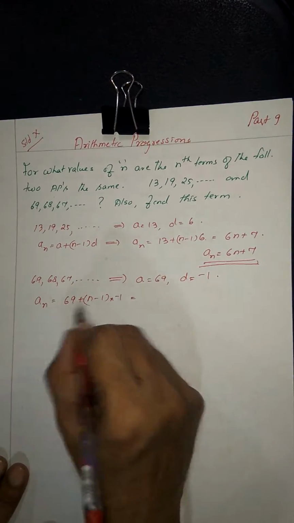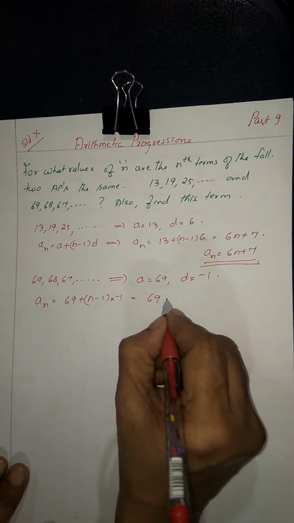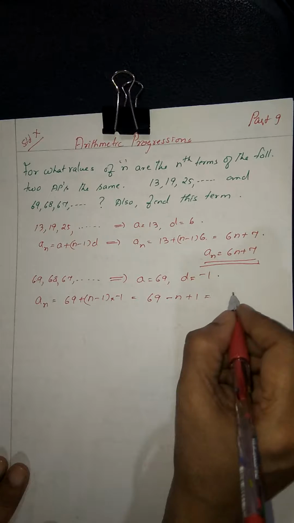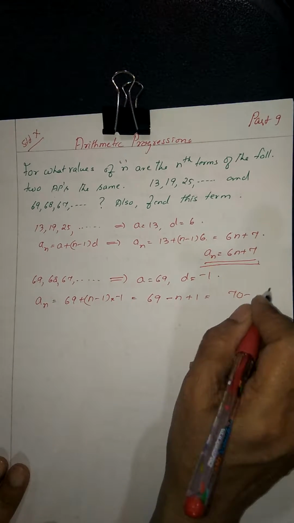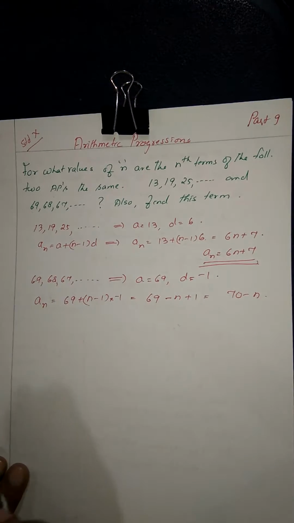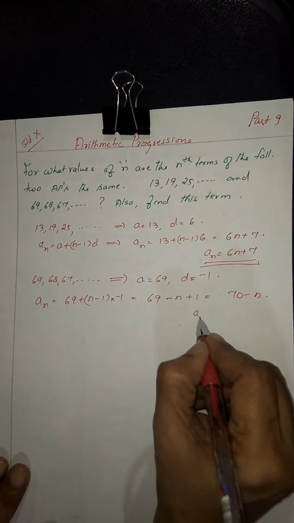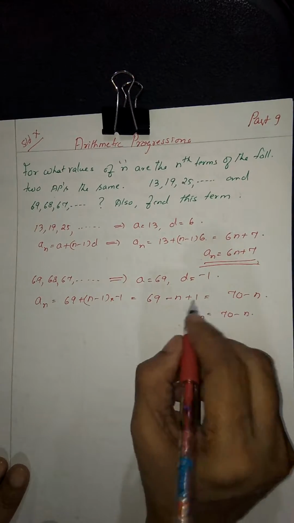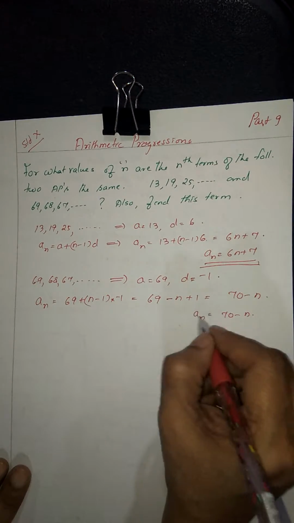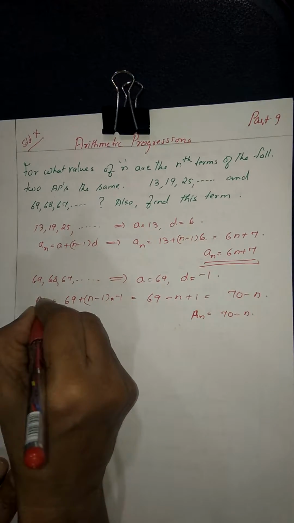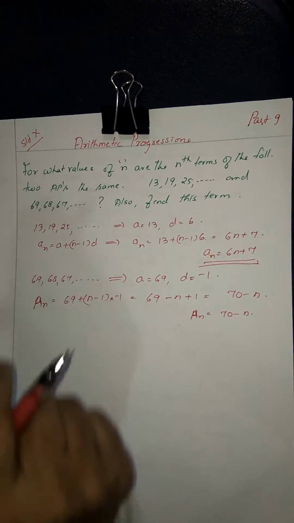So that is 69 minus n plus 1, which is equal to 70 minus n. So you get an is equal to 70 minus n. I'll write this as a dash n because both are different series.